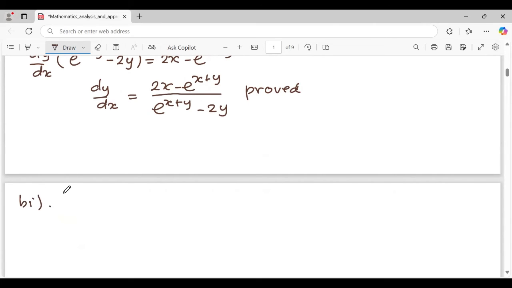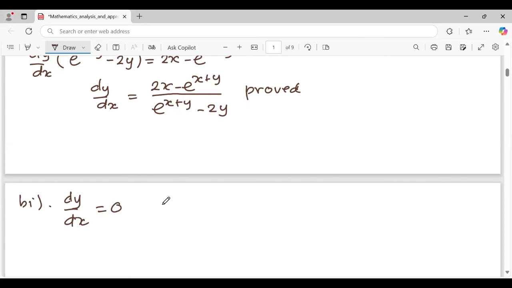To find the tangent, we have to find first the differential of the function, and the differential of the function should be equal to 0. So dy/dx equals 0.